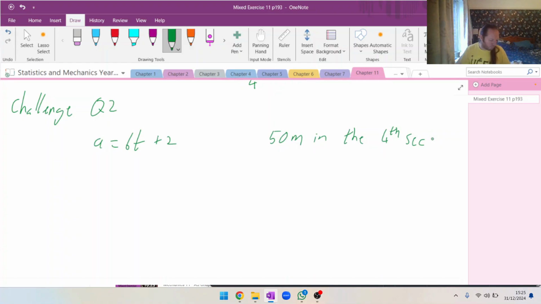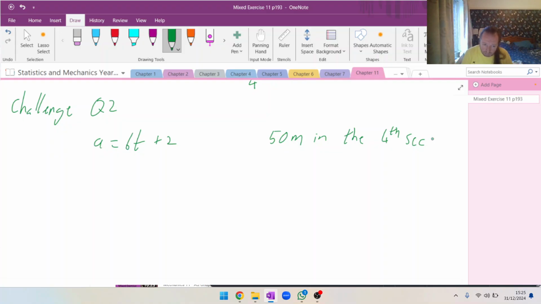Now they've worded that strangely, so presumably between 3 and 4 seconds it covers a distance of 50 meters. Find the velocity of the particle when t equals 5.